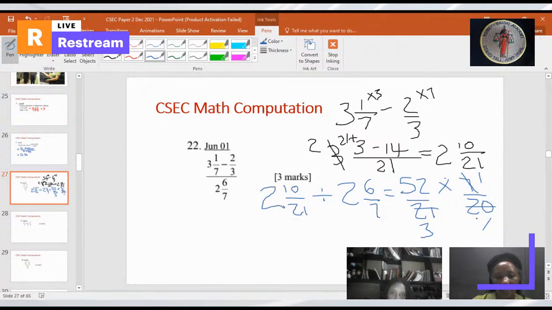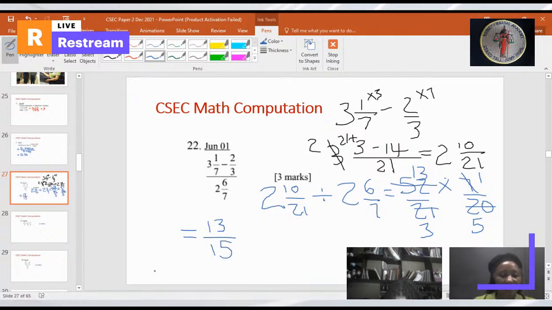So what we have in the numerator is 13 times 1, and in the denominator we have 3 times 5, which is 15. So 13 over 15 is our final answer.